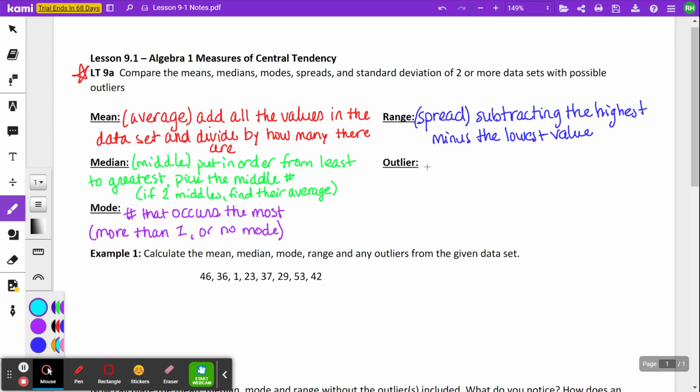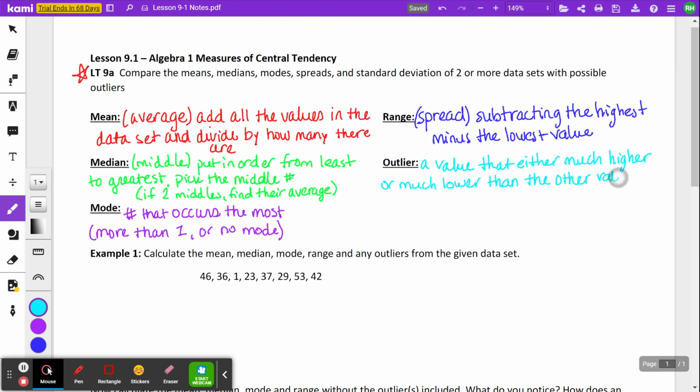Okay, an outlier is a value that is either much higher or much lower than the other data values in the set. Okay. And there may not be an outlier in every single set that you have either. All right.